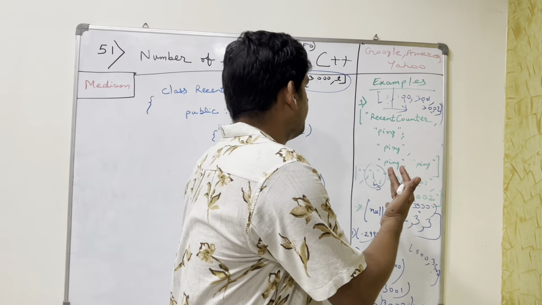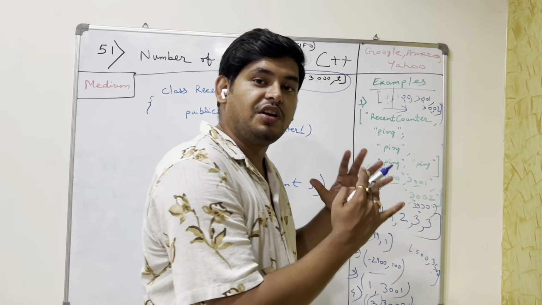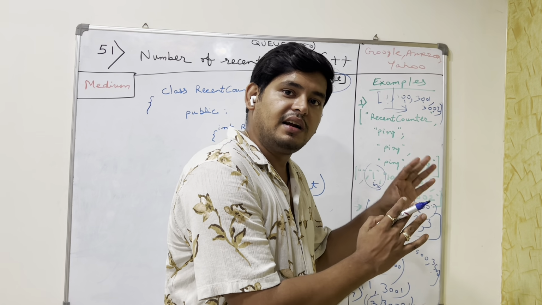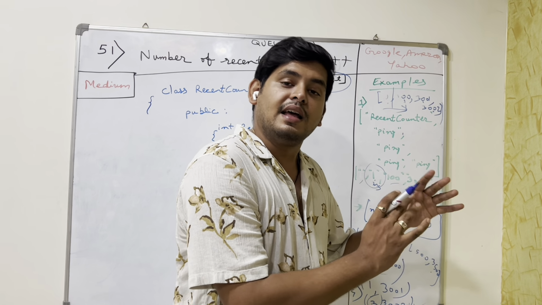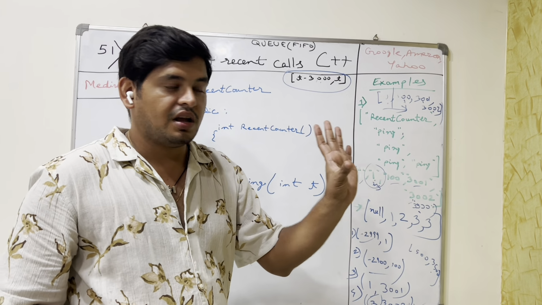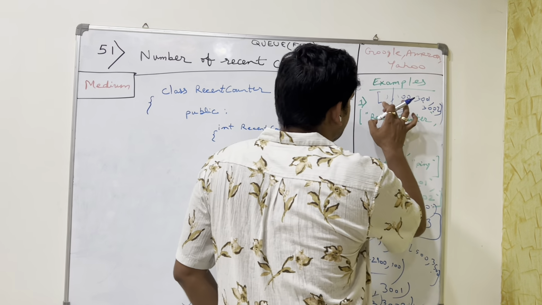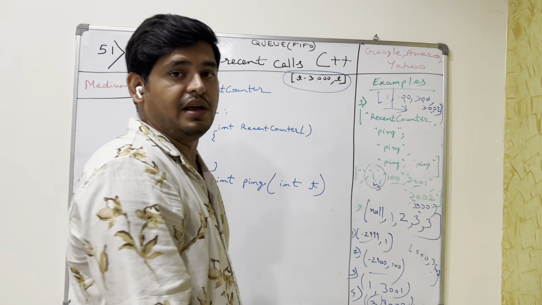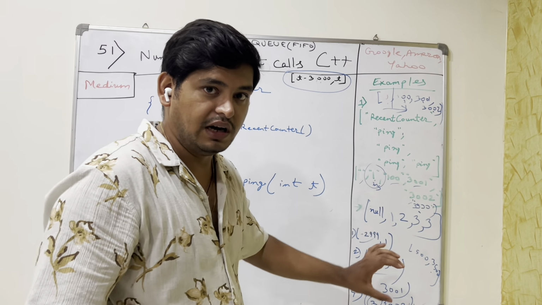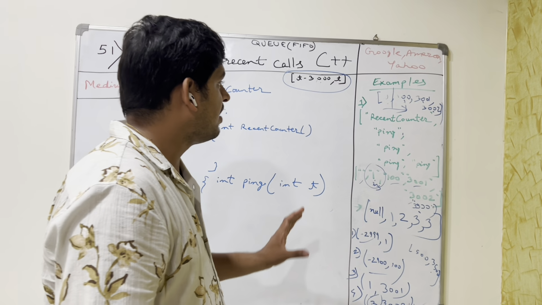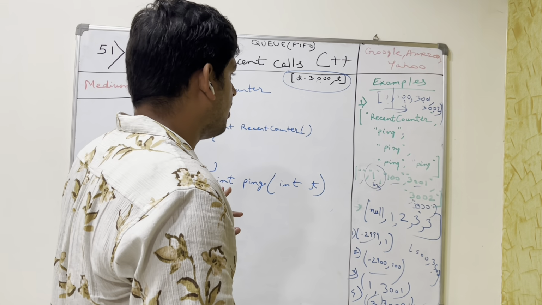So we are checking the first value. If it is required, then we return the size of the structure. If it is not, then we need to remove it so that next time we don't check this value, because this value will always be lesser than the difference, T minus 3000, once it has crossed it. I think you're getting my point.